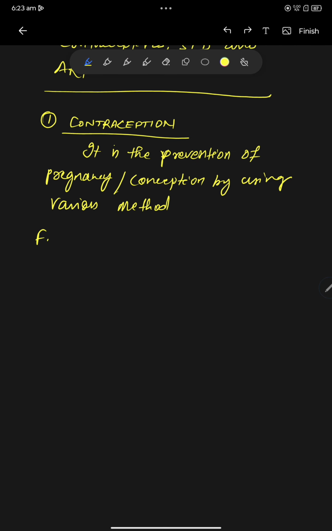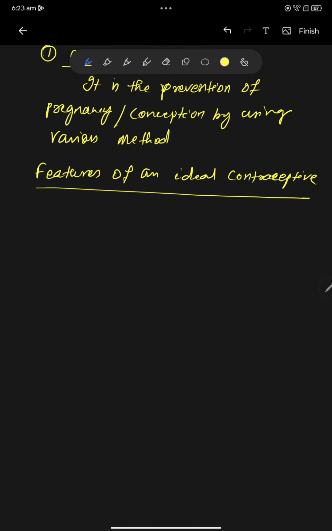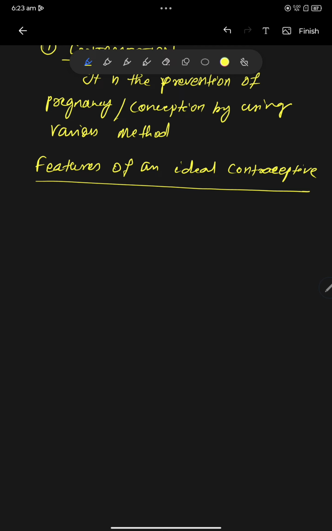What features should a contraceptive have, and which contraceptive will be safer for the person using it? So these are the features. The first feature is that it should be user friendly.